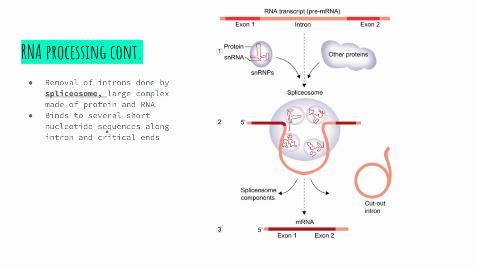This binds to several short nucleotide sequences. We can see here, if we have our exon, our intron, our exon, we have our protein and other proteins. It's not just one, it's actually a combination which makes our spliceosome. We can see that it's attaching to either end of those exons, bringing in the intron to make a loop.